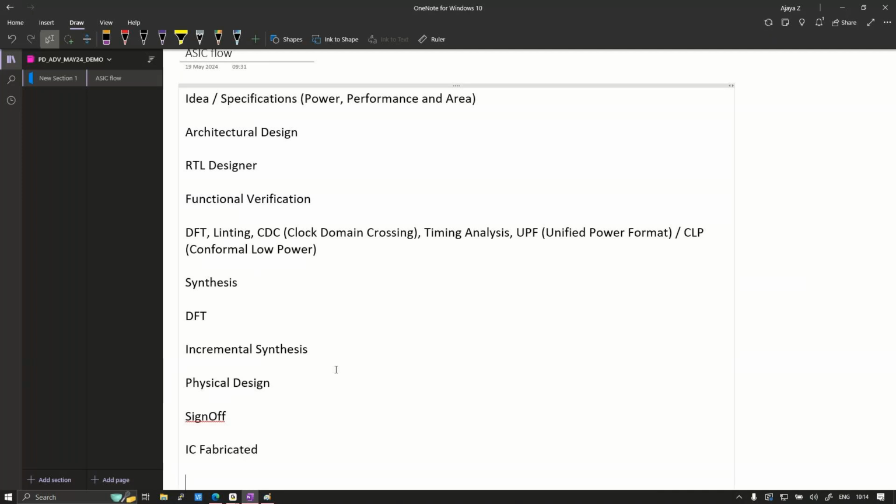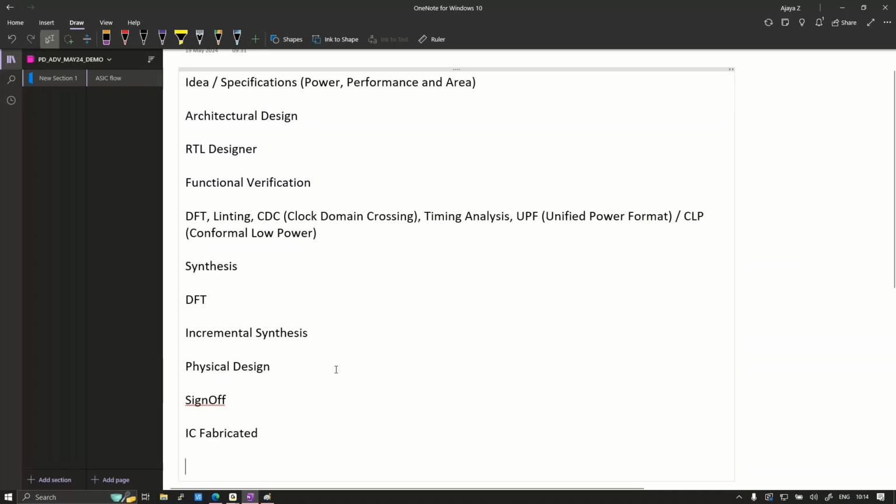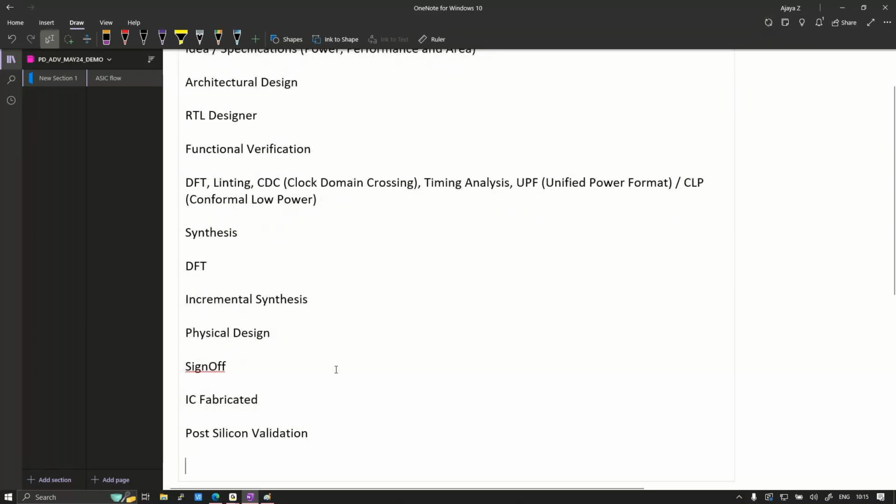So once this is fabricated, can I provide it to the customer directly? No, I need to again verify it in post silicon validation. After this post silicon validation, if it is successful, provide it to the customer.